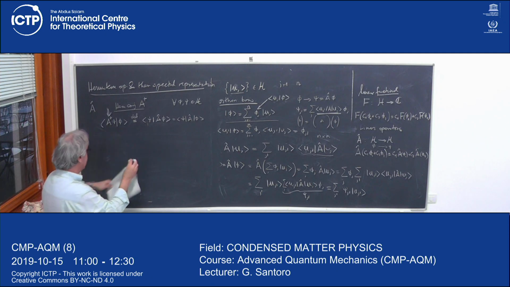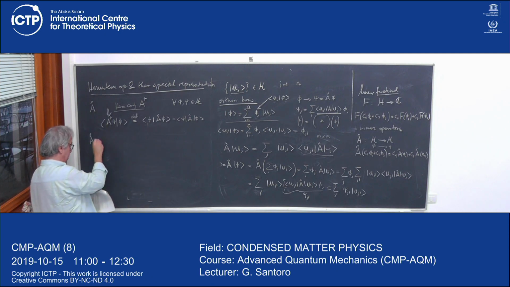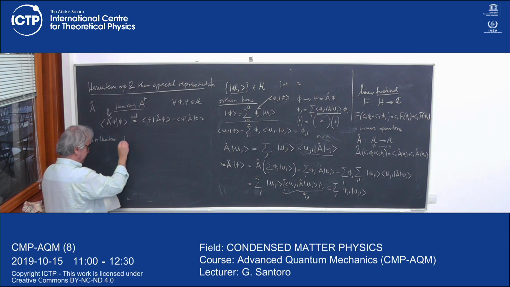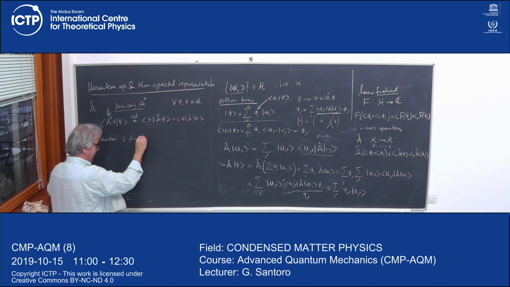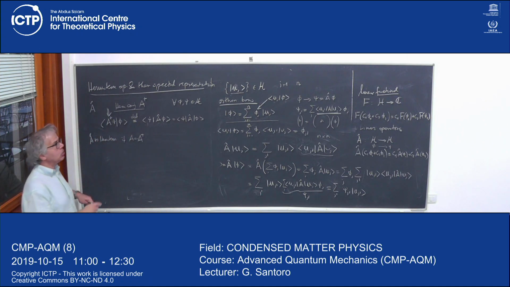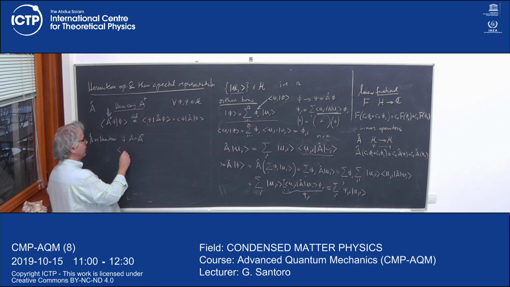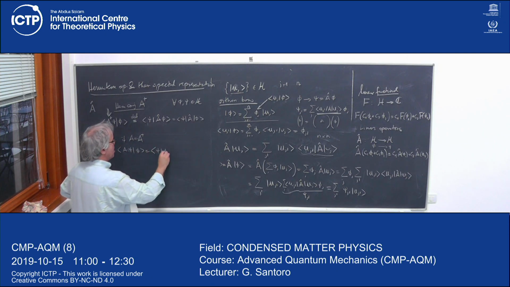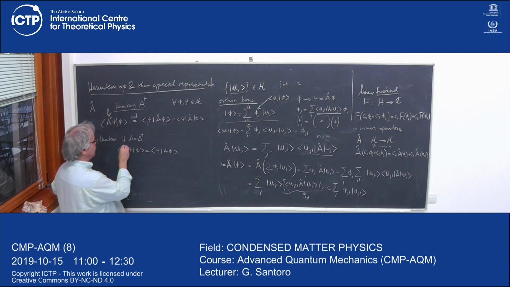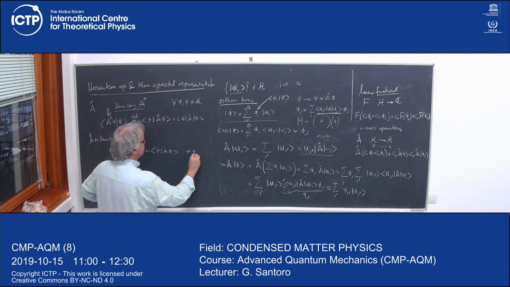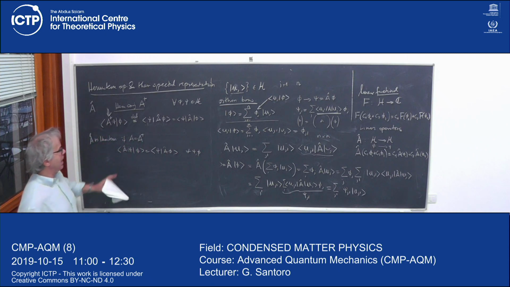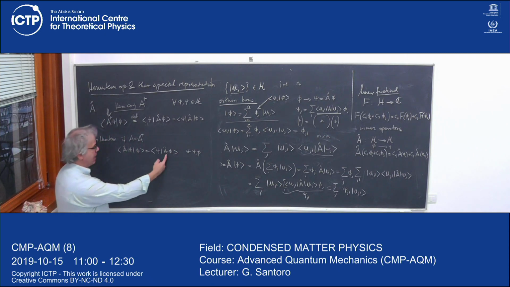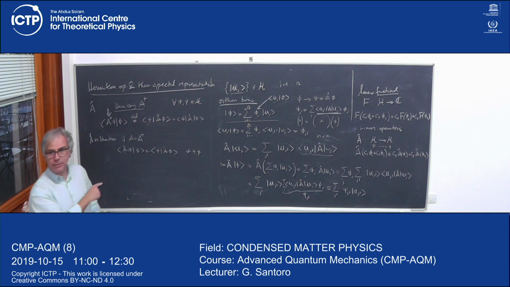Now, you say that A is Hermitian if A coincides with this Hermitian conjugate. So if A can travel back and forth, I rewrite it. If this is true for any psi and phi, then A is Hermitian. So remember, A can stay here or on the left.